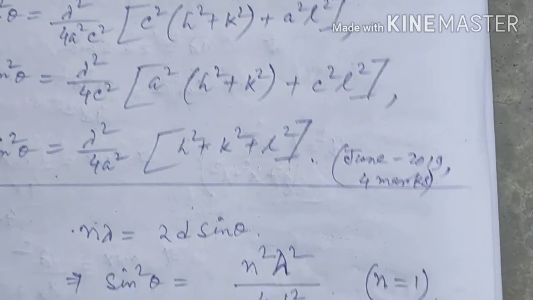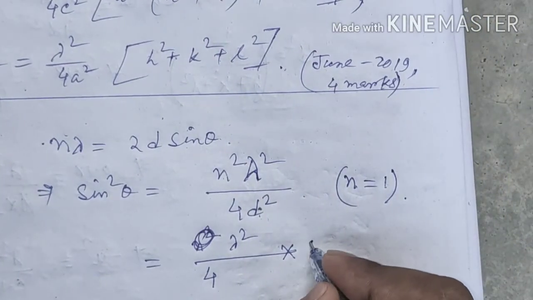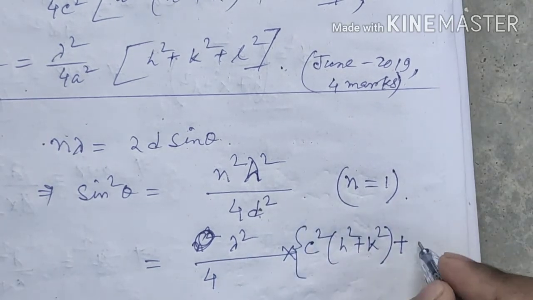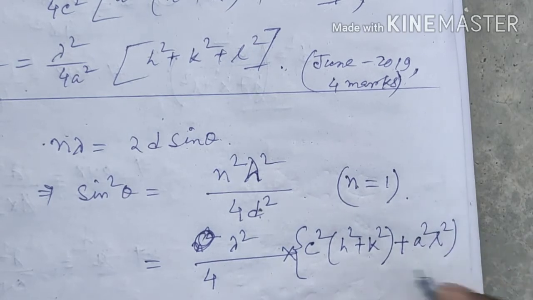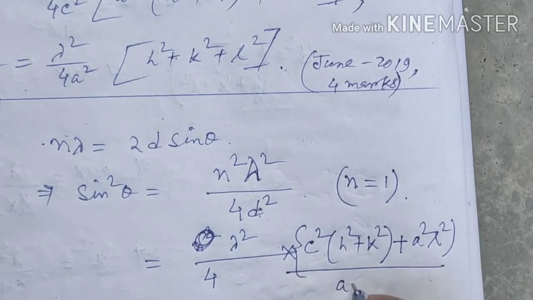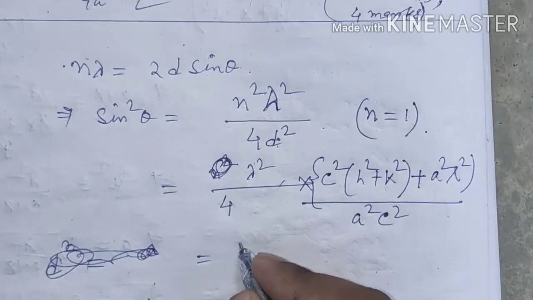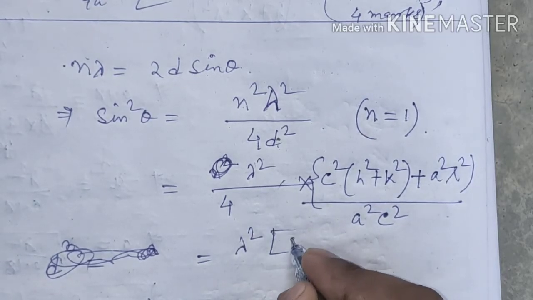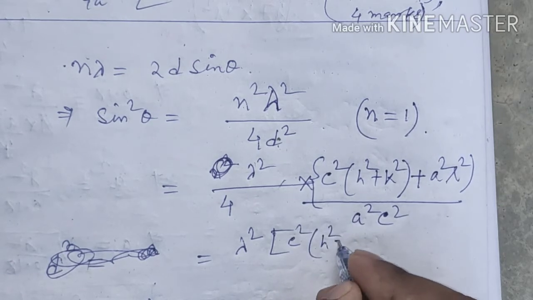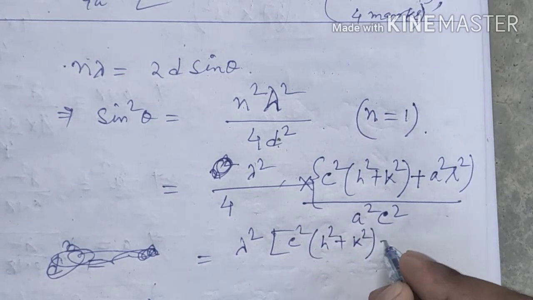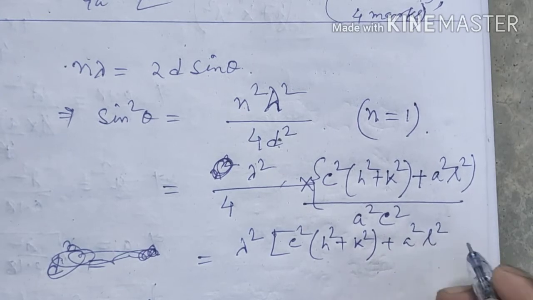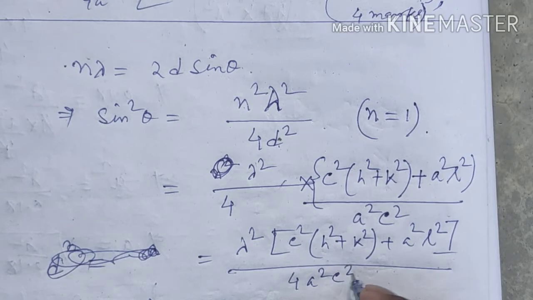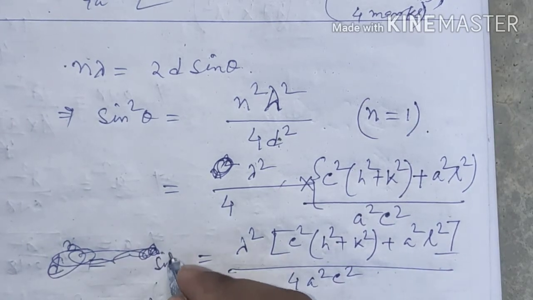So we can write it clearly as c square into h square plus k square plus a square l square, divided by 4 into a square c square. It is the sine square theta.